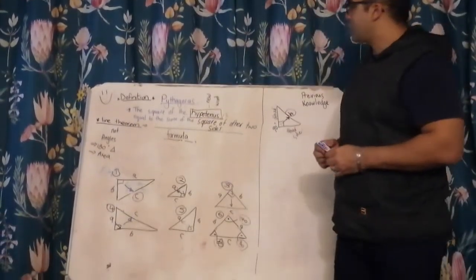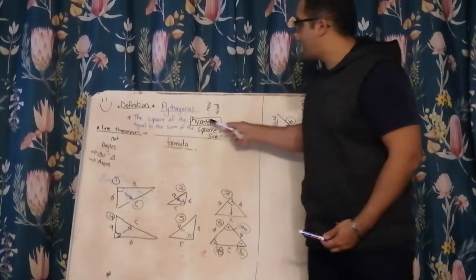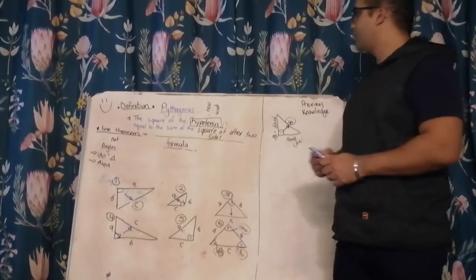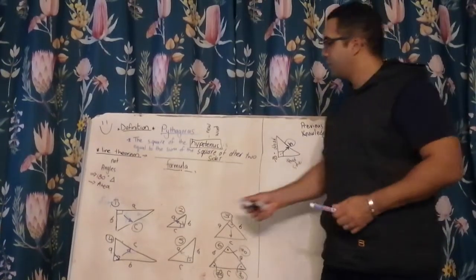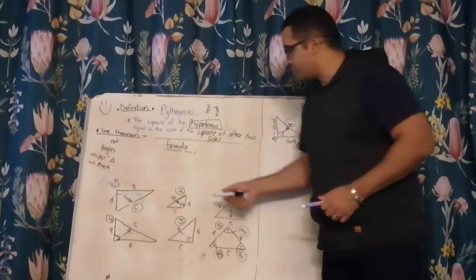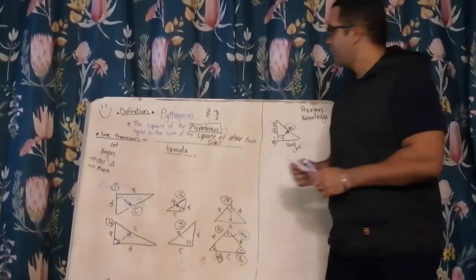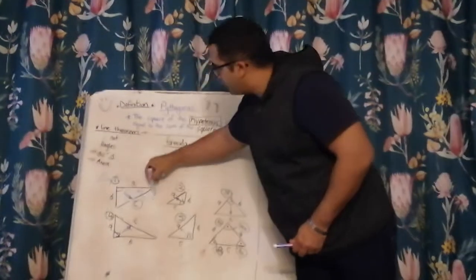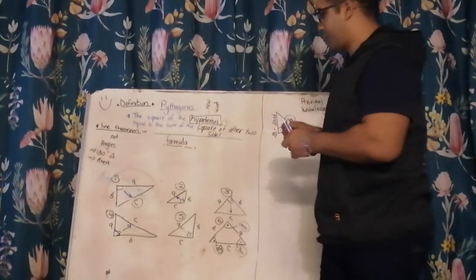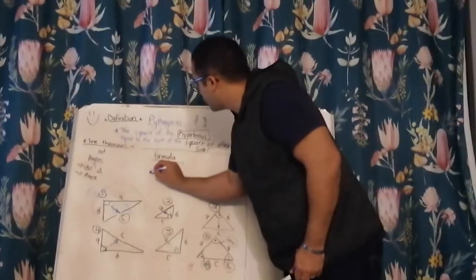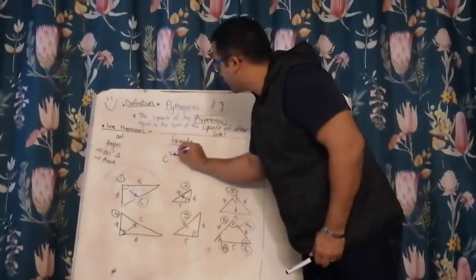So let's go back to the definition. The square of the hypotenuse, which we've just worked through, is equal to the sum of the squares of the other two sides. So if that is the hypotenuse, those will be the other two sides. Let's use triangle number 1. We've got the square of the hypotenuse, which is C squared.